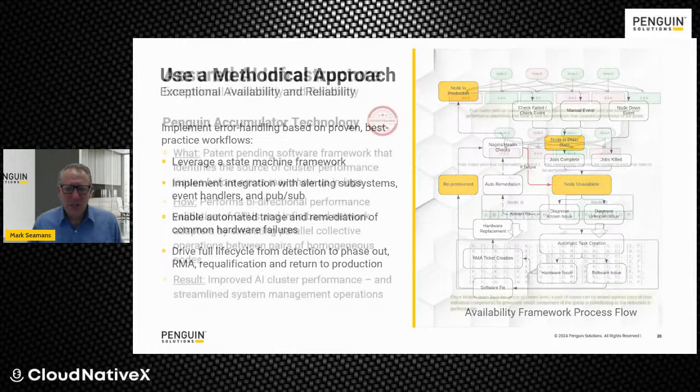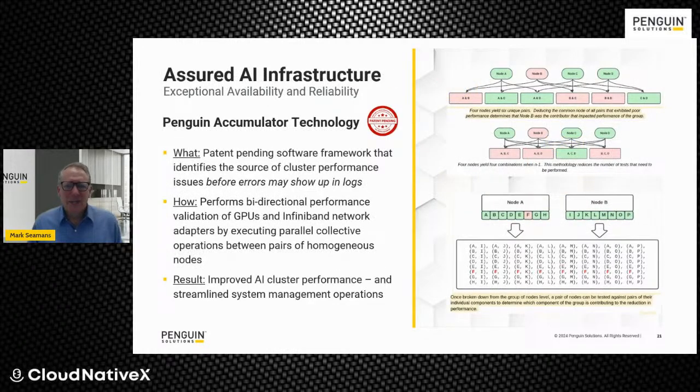One of the other things I'll share with you is some really interesting technology that's come out of the deployment of these large systems. It's patent pending technology that our Penguin teams developed, which uses what's called accumulator technology to very rapidly do the isolation within a large system environment in a non-obtrusive way, to run a scan, do paired comparison testing, and rapidly isolate that the source of the problem is this node.